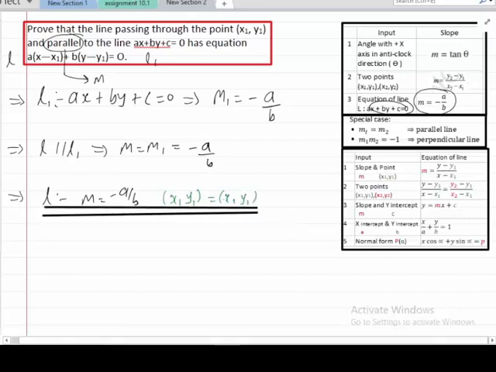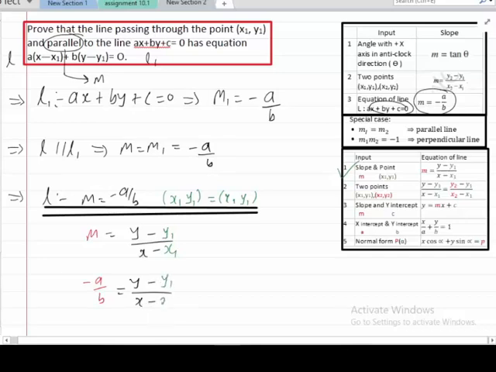So here we get our double underlined data, which suggests that we should use the first form of equation of line, which is m is equal to (y minus y1) upon (x minus x1), and we all know that slope is minus a by b.